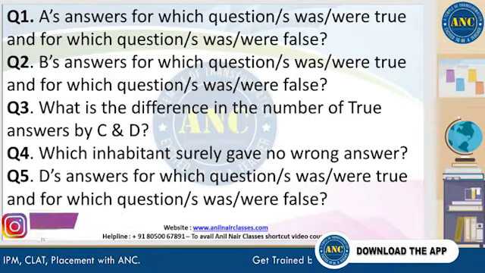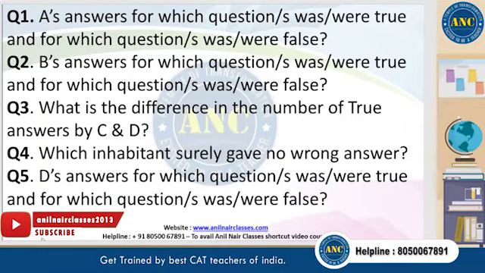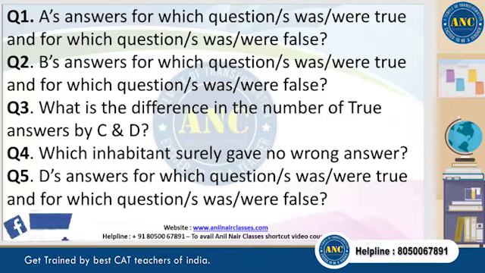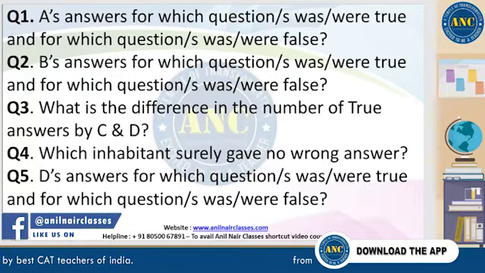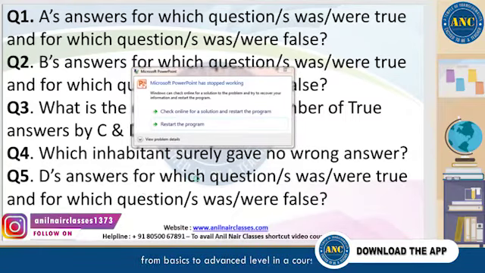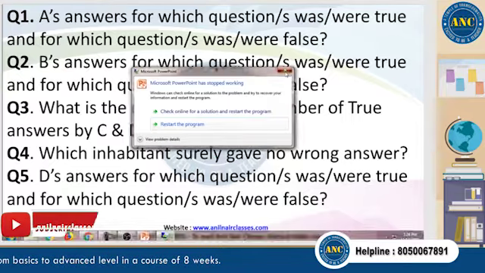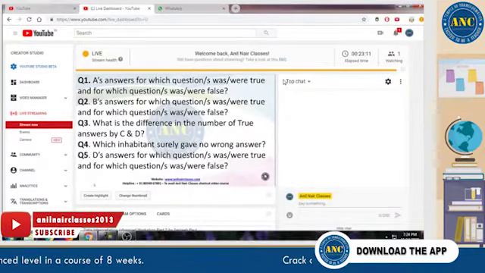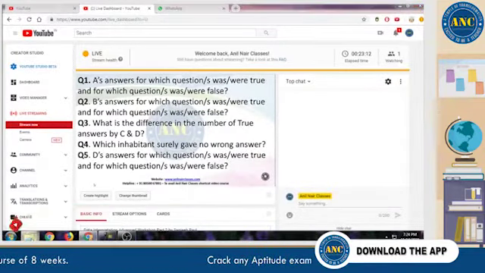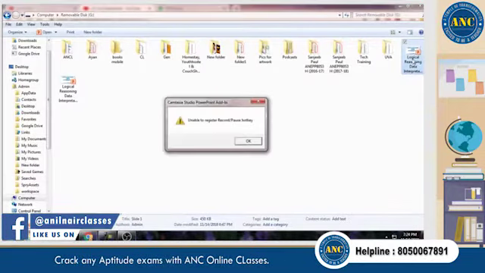Which inhabitant surely gave no wrong answer, and these answer for which question or questions were true, for which question or questions were false? That's the kind of question. So primarily we'll have to literally know what's happening with this caselet. We'll have to literally sit back and ask ourselves what's happening with this caselet.